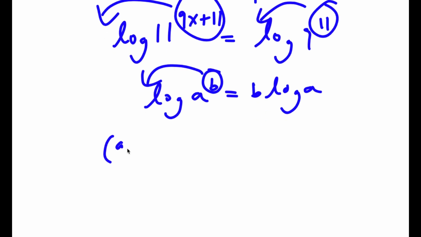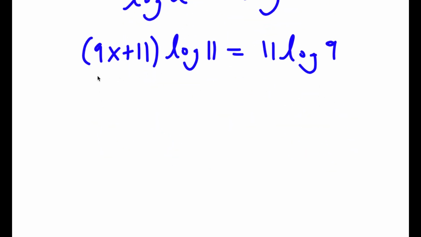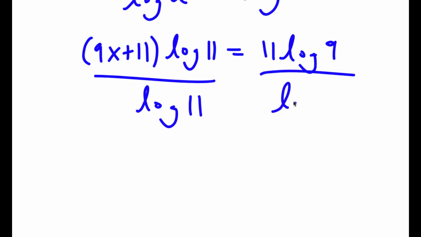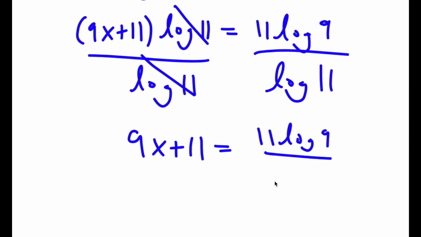So now I have 9x plus 11 times log 11 is equal to 11 times log 9. Now I'm going to divide both sides by log 11. So then these two cancel out, and now I have 9x plus 11 is equal to 11 times log 9 over log 11.